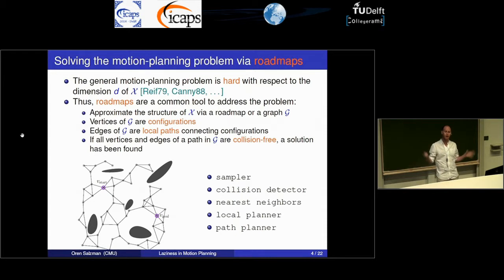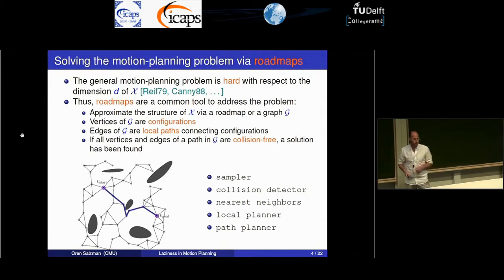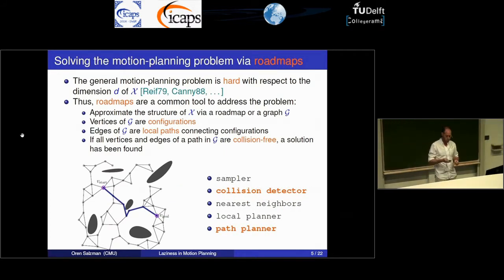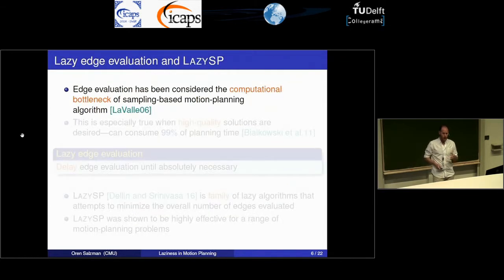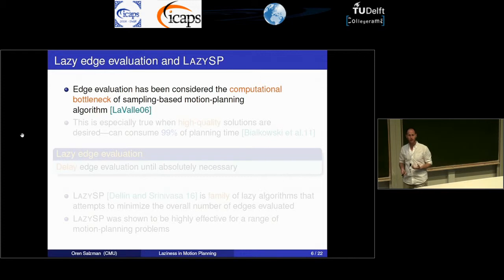So this meta approach, or this family of algorithms, has been floating around in the robotics community for 20 years. What I'm going to concentrate on in this talk is two aspects in this meta approach, the collision detector and the path planner. To understand the domain-specific challenges in robotics using this approach: evaluating if an edge is collision-free or not is the computational bottleneck of all these algorithms.